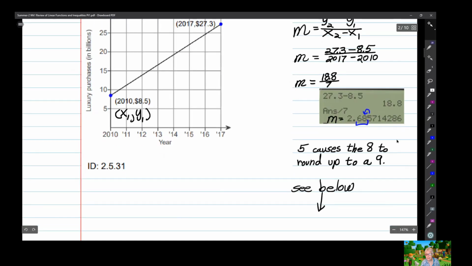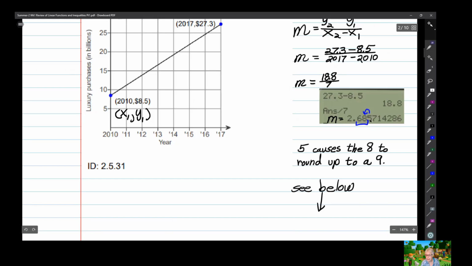The instructions said to round to 2 decimal places. Well, I have a 6 and an 8. 6 is my first decimal place, 8 is my second decimal place.